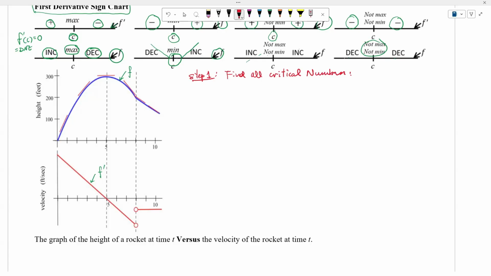Remember, critical number means f prime of c equals 0 or f prime of c does not exist. So we are looking for a maximum or minimum with a smooth curve, or if it does not exist, the function has a sharp corner, or the function is not continuous, or sometimes we have a vertical tangent line, something like this.